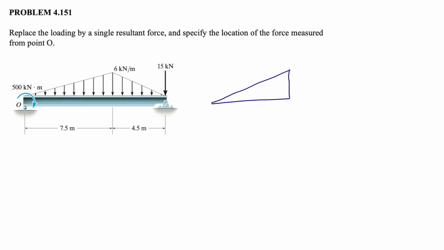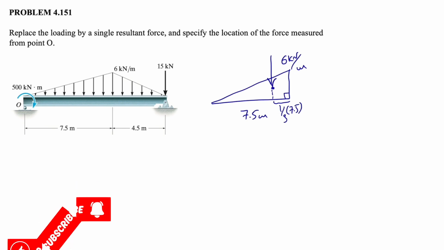So we have this loading that we can separate into two different right triangles. Let's call this one, which has the base of 7.5, and the load that we know is 6 kilonewton per meter. Since we have a right triangle, the center of gravity for this load will be 1/3 of 7.5 from the right side, or 2/3 of 7.5 from the left side.